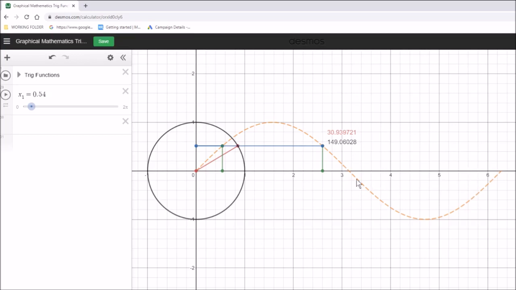So if I was to work out the sine of 210 degrees, it would be the same as the sine of 360 minus the 30, which would be 330 degrees.